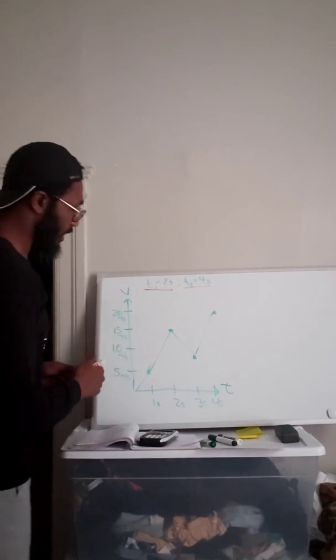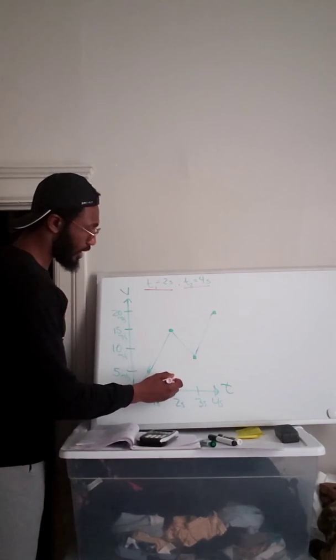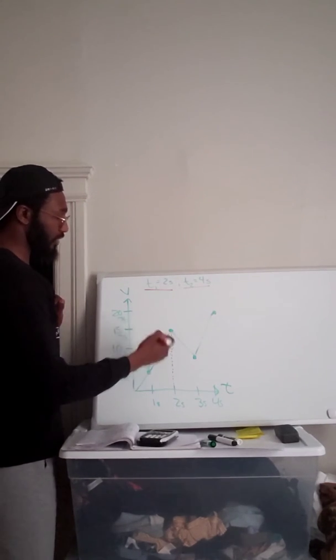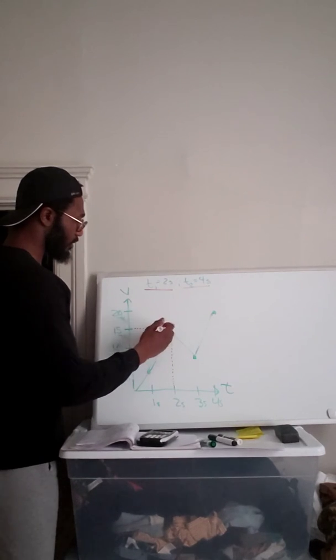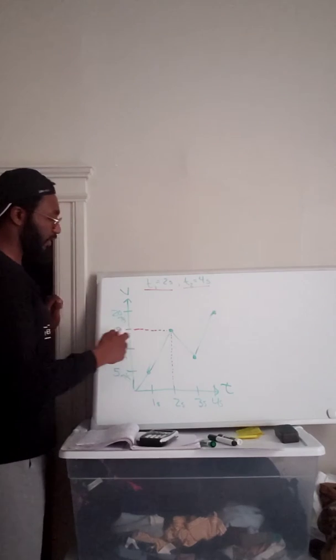So the first time we're interested in is at T equals 2 seconds. So we're going to make a line up from T equals 2 seconds, and that hits this point on the graph. Let me draw it this way. Then we go from that dot over to the V-axis.